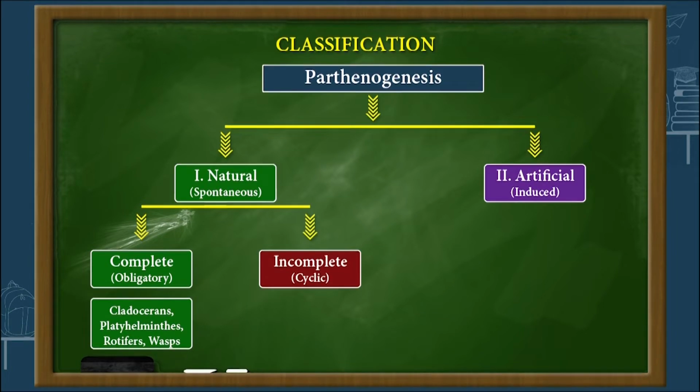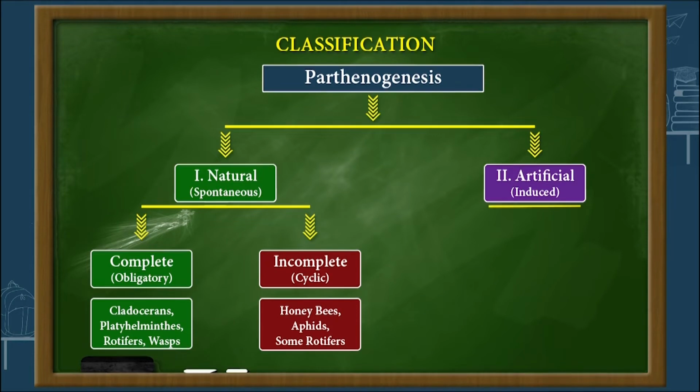The second type under natural parthenogenesis is called incomplete parthenogenesis or cyclic parthenogenesis, because it alternates with sexual reproduction along with the parthenogenesis. Therefore, it is called incomplete or cyclic parthenogenesis, examples of which are found in honeybees, aphids, and some rotifers.